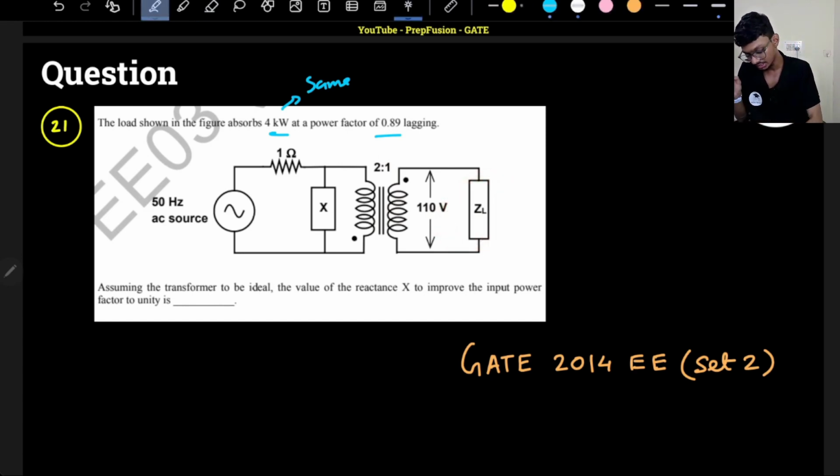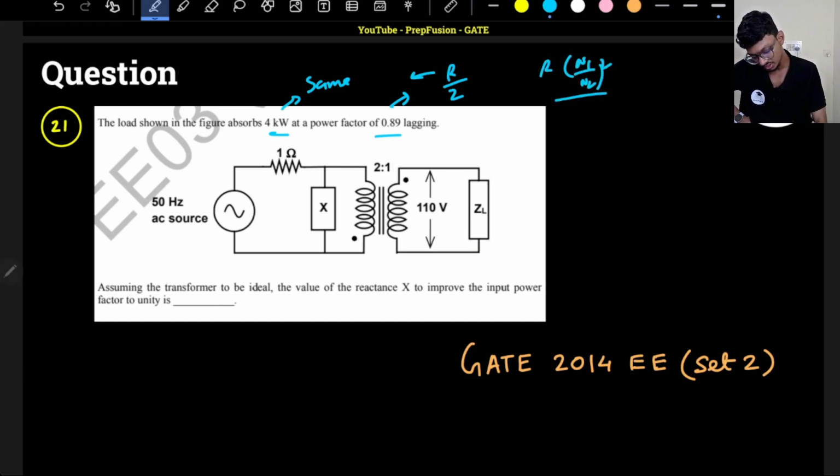The power factor also does not change. What is power factor? Power factor is basically the ratio of R by Z, the ratio of two impedances. If it is an equivalent series RL circuit or RC circuit, it will be the ratio of R by Z. If I am referring to the primary, then R is scaled by N1 divided by N2 whole square, and Z also is scaled by N1 divided by N2 whole square.